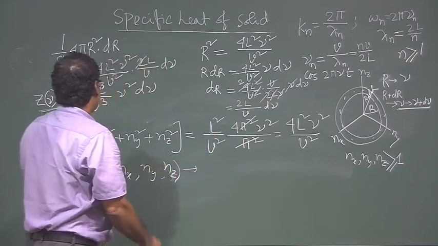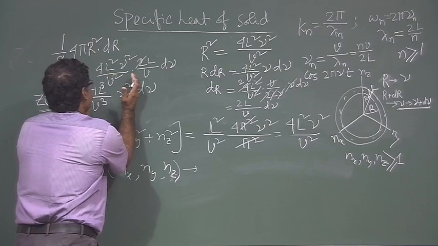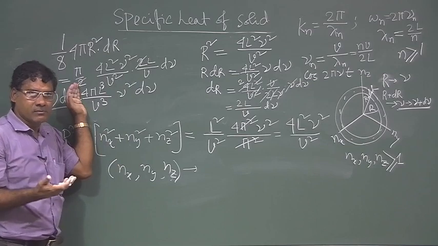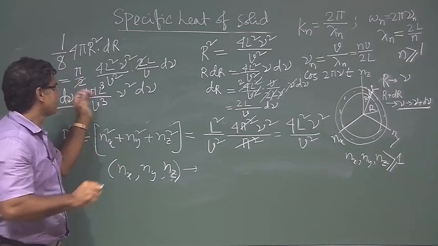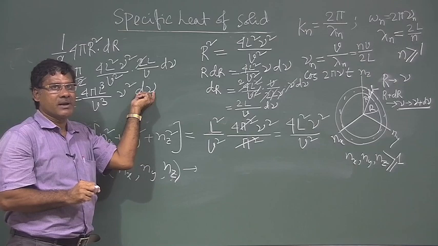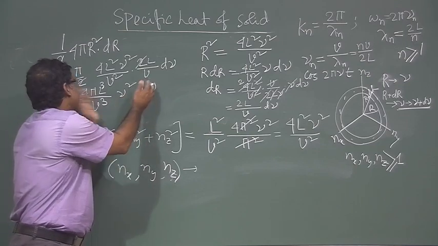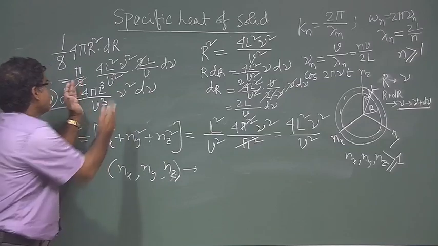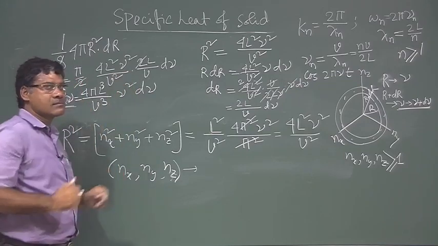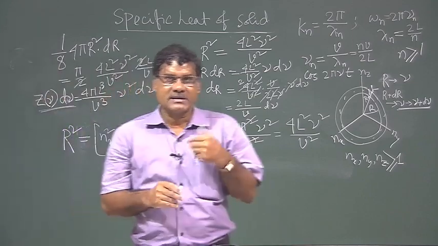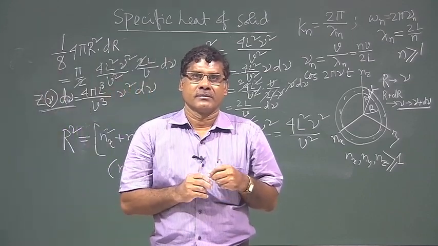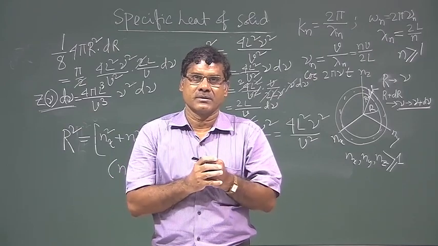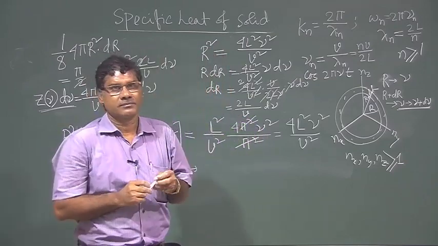Then we can say this is the number of modes having frequency nu within the small frequency range d nu. If I multiply by d nu, I will get the total number of modes. So this part is the density of modes, meaning the number of modes per unit frequency.